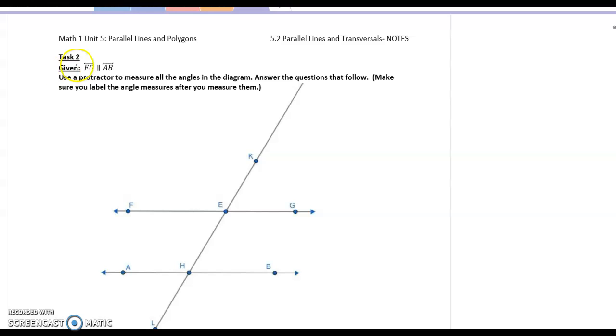So here you see that the given is that line FG is parallel to line AB. These two lines on the page are indeed parallel. We're given that statement.